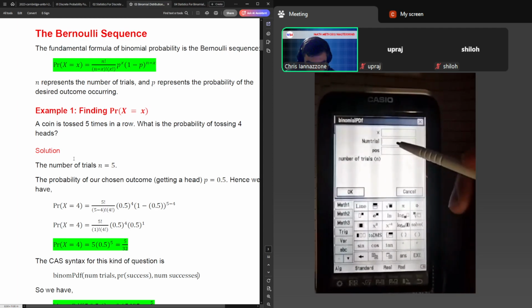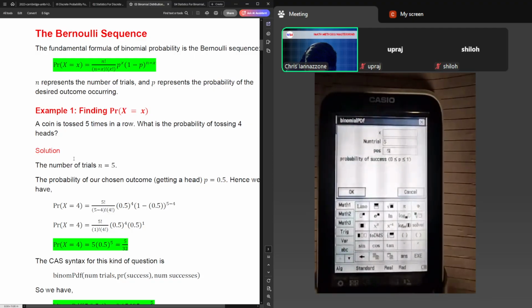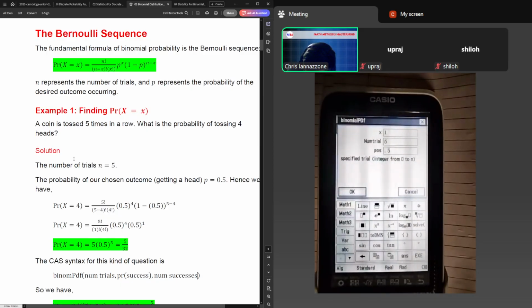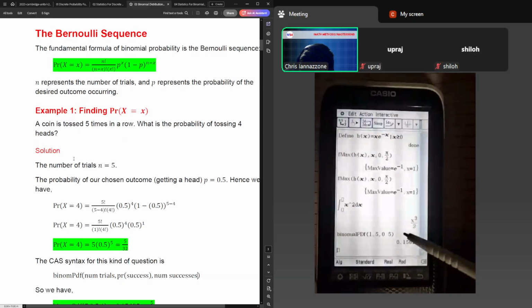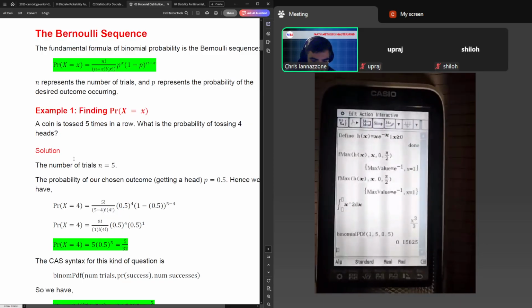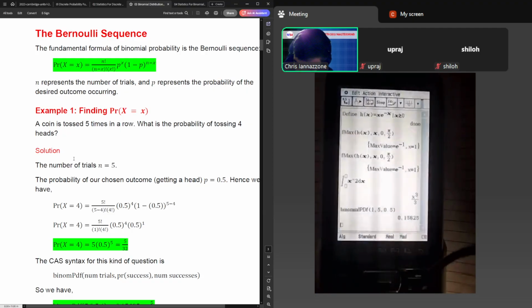So the exact same idea, you'd have your n equals 5, your probability of success as 0.5, and then your little x, let's say it's 1. Hit OK, that'll fill it out, and once again you get that 0.15 result from before. That's Casio.